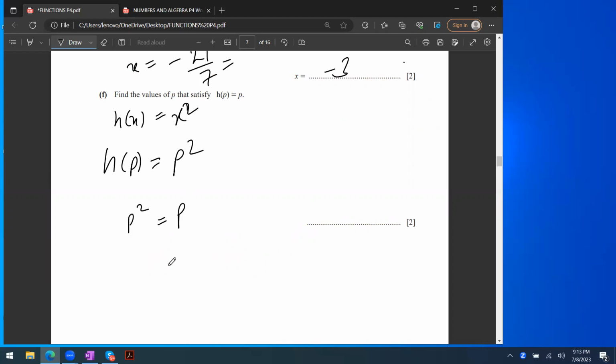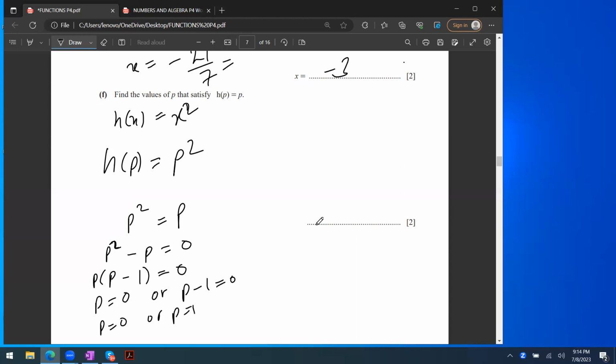Now you need to find the value of p. Very easy. You move this to the left side: p squared minus p is equal to 0. Factorize it. This is the simplest factorization. You can take p common: p times p minus 1 is equal to 0. Now either bracket is equal to 0. So either p is equal to 0 or p minus 1 is equal to 0. This gives the answer p is equal to 1. So the values are p is equal to 0 and 1.